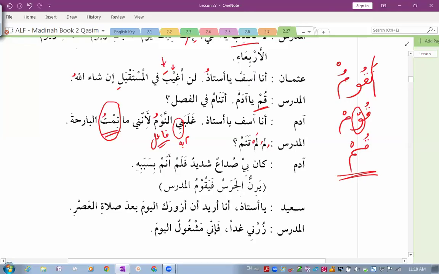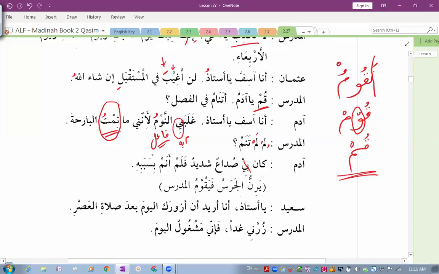Adam says kana bi sudaun shadidun falam anam bisababihi. Kana bi sudaun, with me was a headache. That's the literal translation, but we will not translate like this. We will say I had a headache. The translation is: kana bi sudaun, a severe headache, falam anam bisababihi, so I did not sleep because of it.